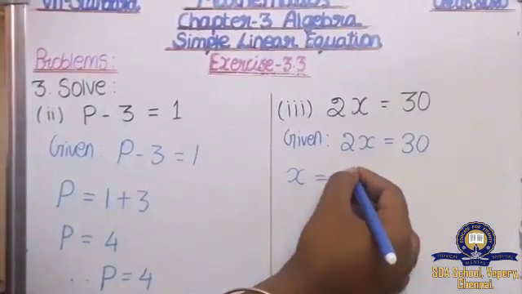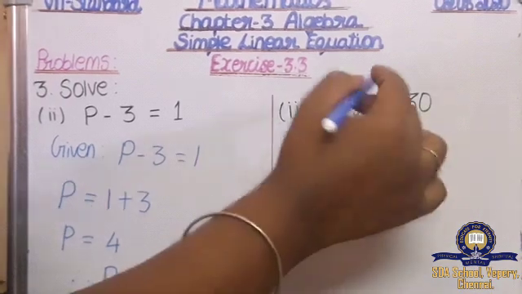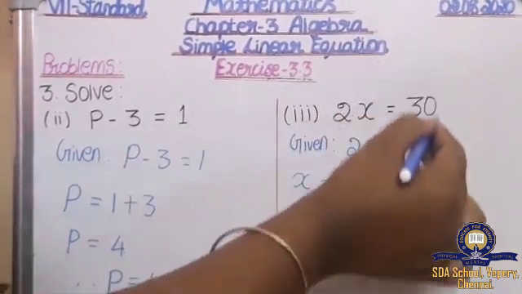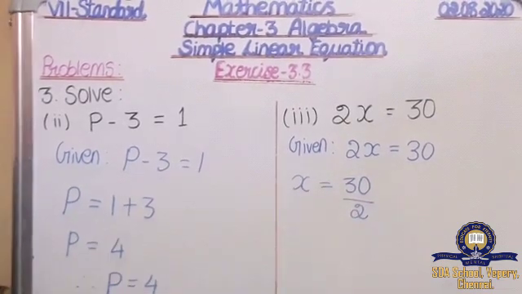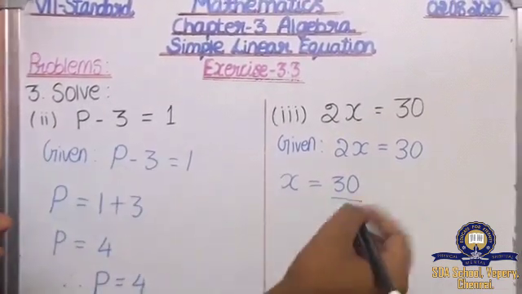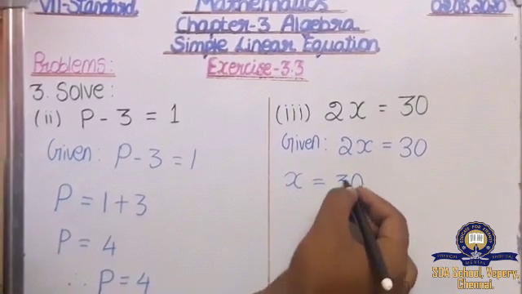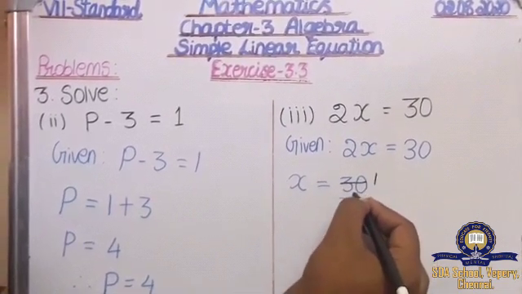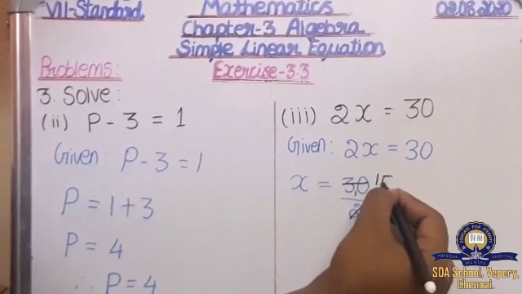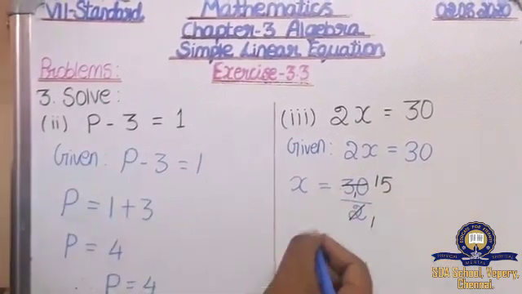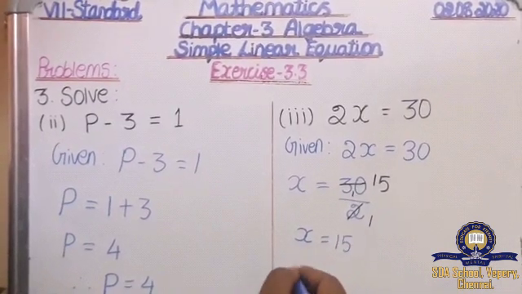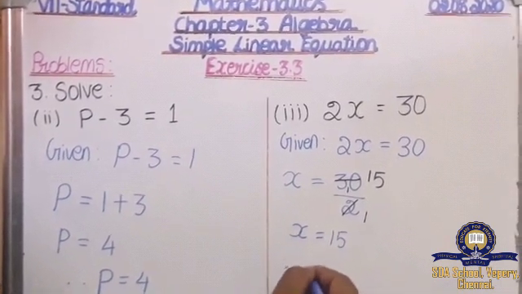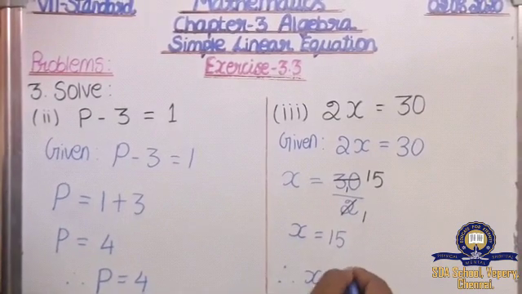Therefore, x is equal to 30 by 2. Now, we need to cancel this 2 value. 1 twos are 2, 1 twos are 2, balance 1. 5 twos are 10. Therefore, we get that x is equal to 15. Now, we find that the unknown variable x is equal to 15.